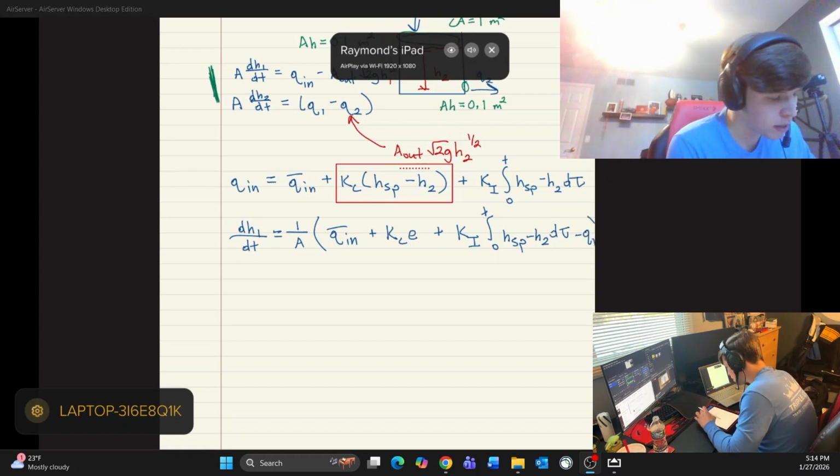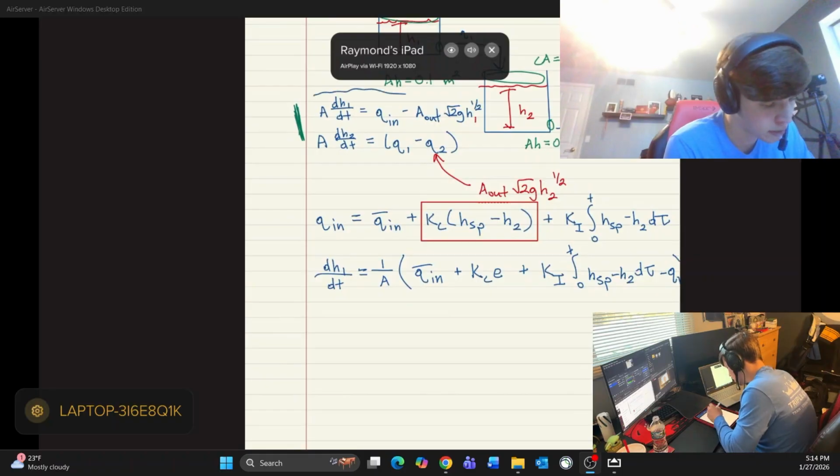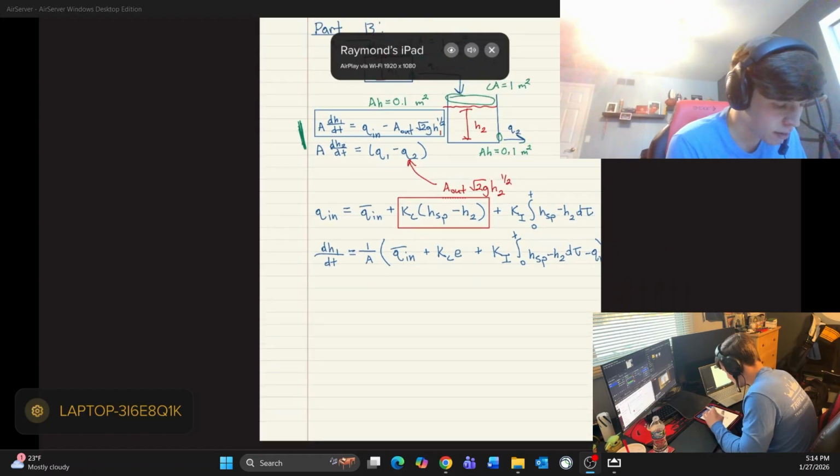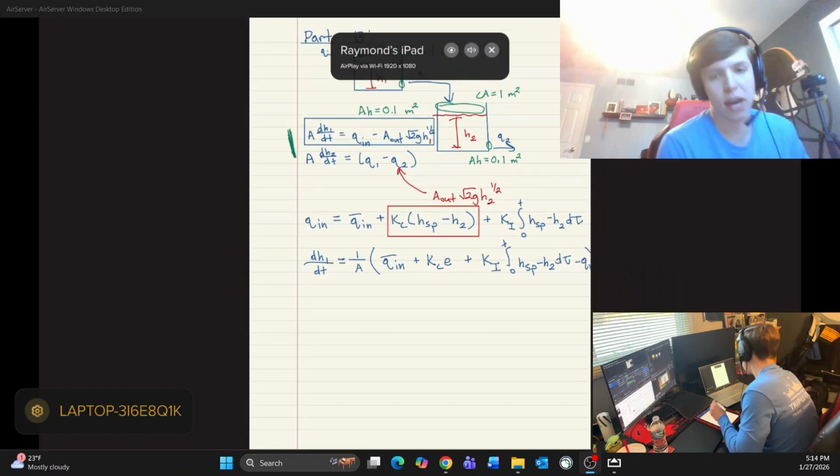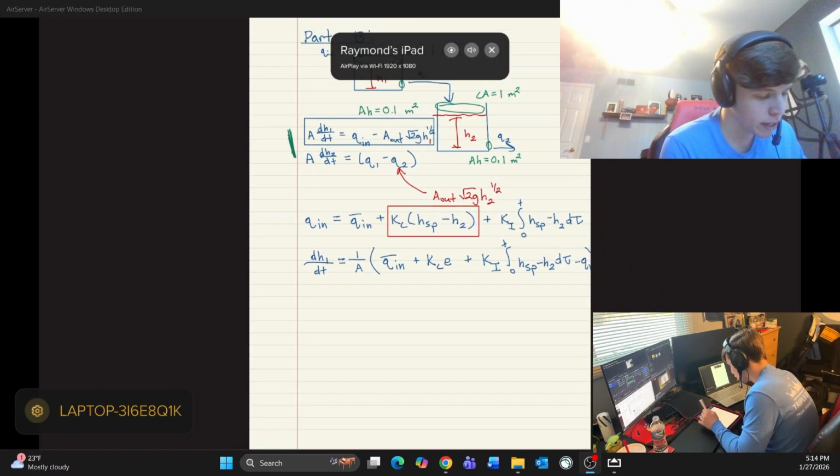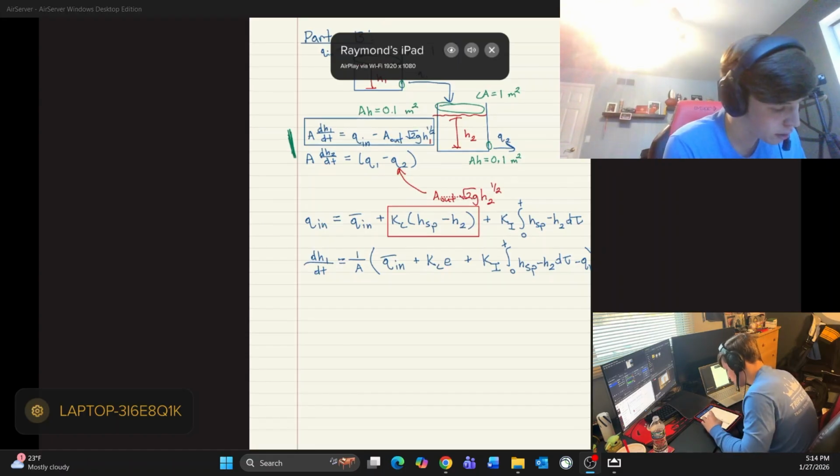And so this is simply this equation up here. It is this top equation, just rewritten differently because now we are including a proportional integral controller.